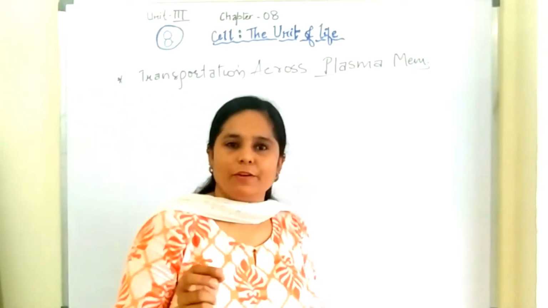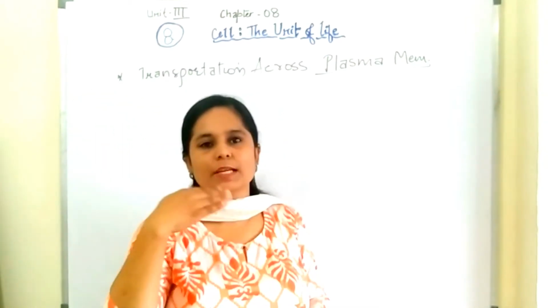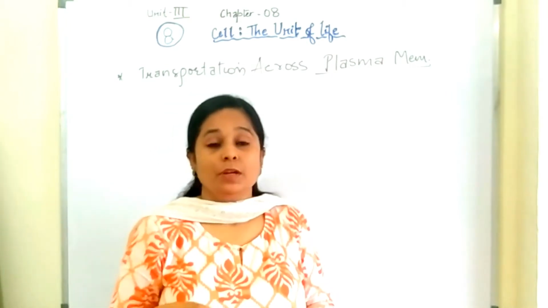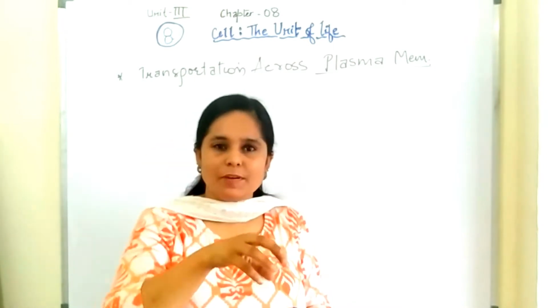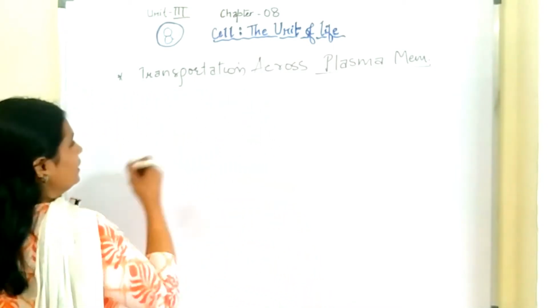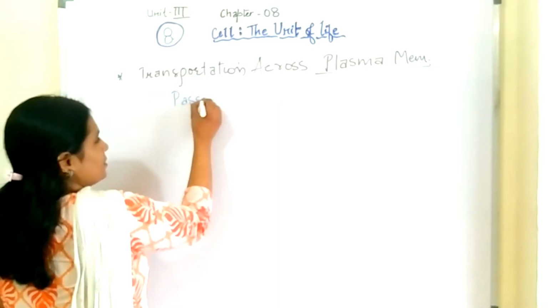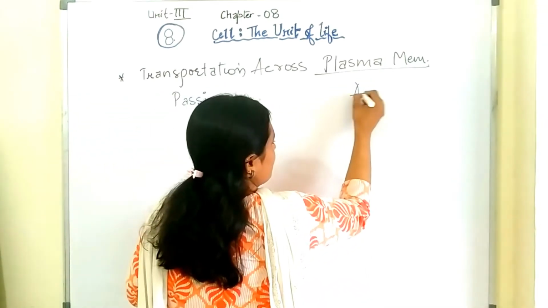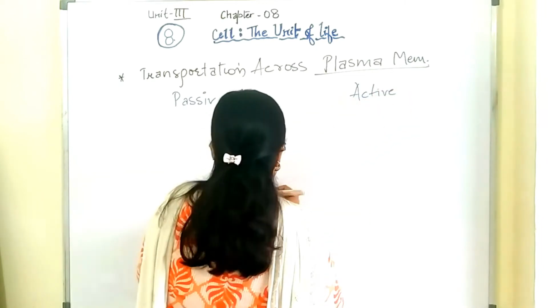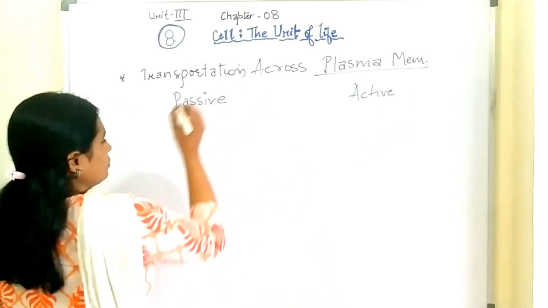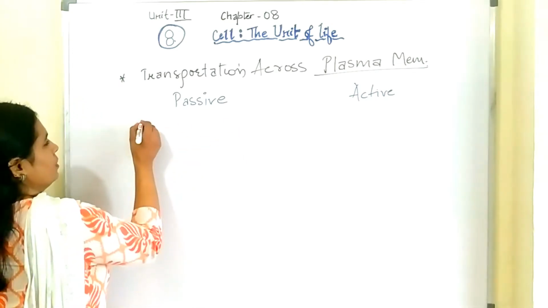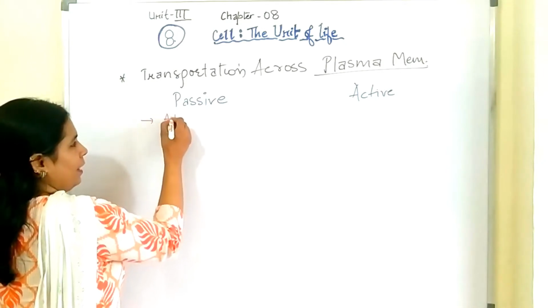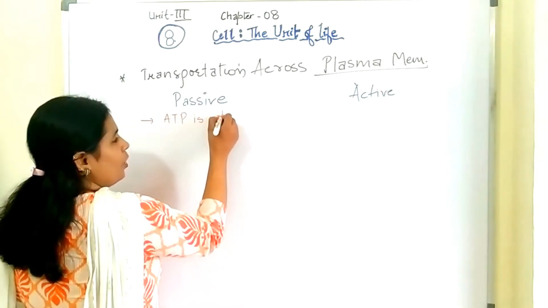Fine. So basically there are two kinds of transportation. One is passive transportation and the other is active transportation. From now onwards, whichever type of transportation we discuss will come under these two topics. So the very first difference between these two is that in passive, ATP is not required.